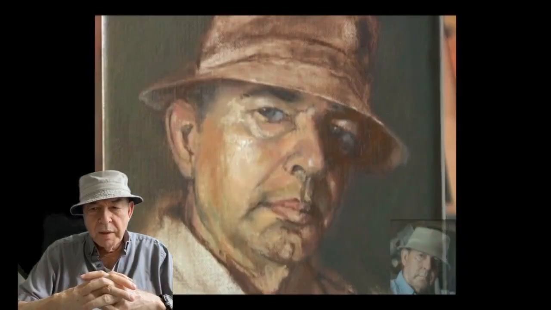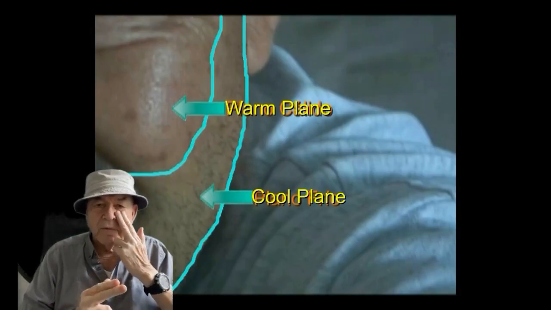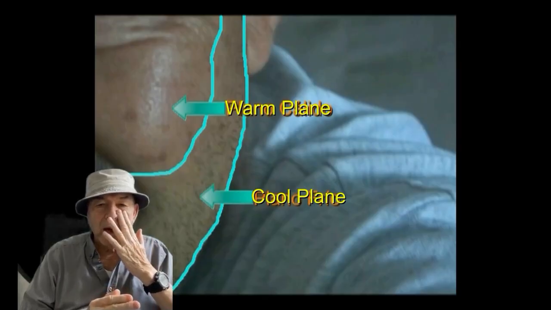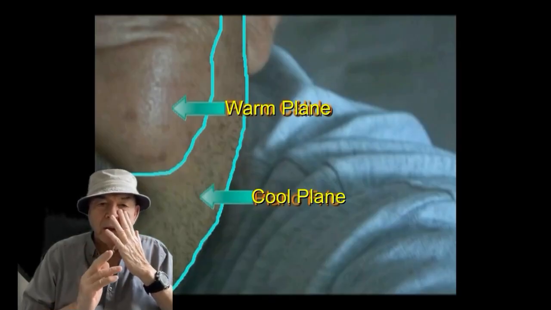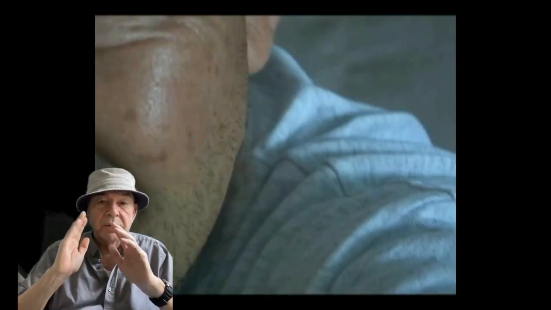It could be a blue, a green, or a violet in order to balance the temperature and add some interest to the painting. Here in this photograph, you can see that the frontal plane is a warm plane, while the lateral or oblique plane is cool.